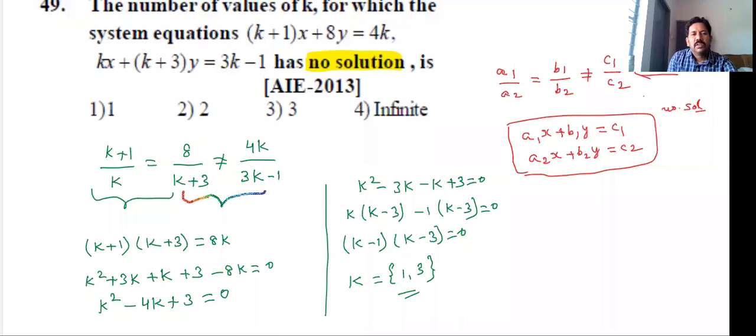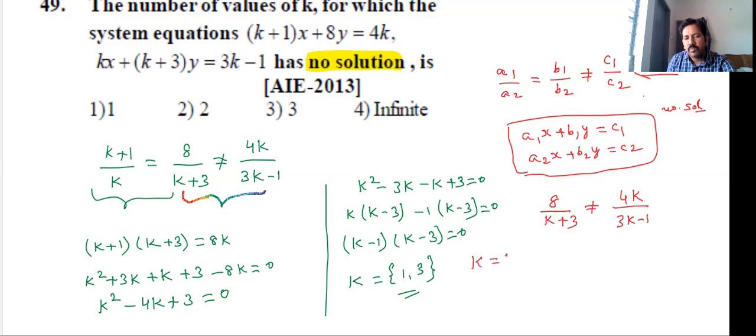So I am going to verify those conditions: 8 by k plus 3 is not equal to 4k by 3k minus 1. For which value of k does the condition exist?